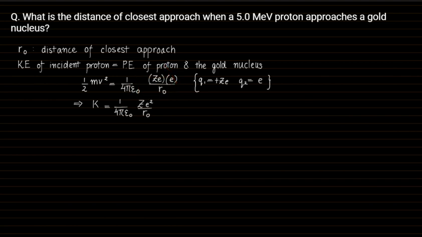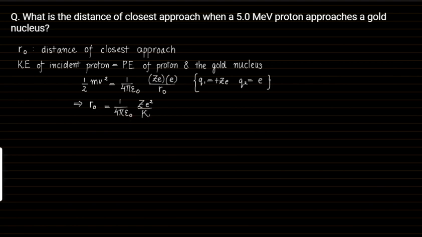Now from here I have to find the distance of the closest approach, r0. So I can send r0 to the other side and send the kinetic energy to the denominator.